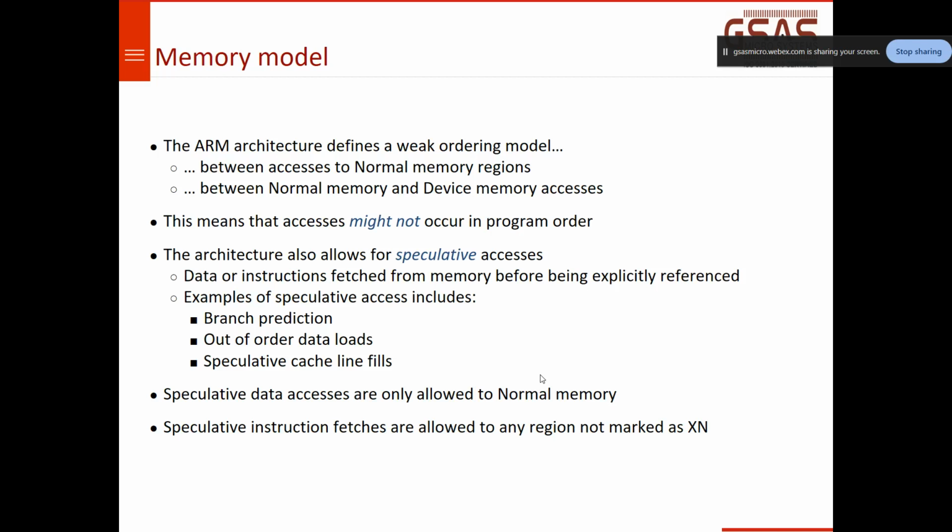I have all those options when defining a memory model. If a particular region is marked as XN, execute never, and the architecture still fetches from that location speculatively, the result is unpredictable.